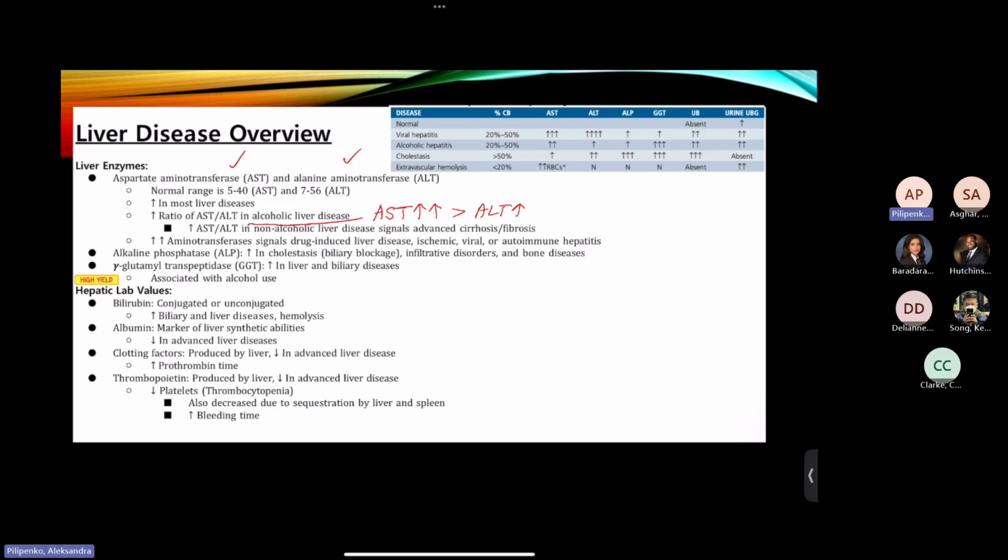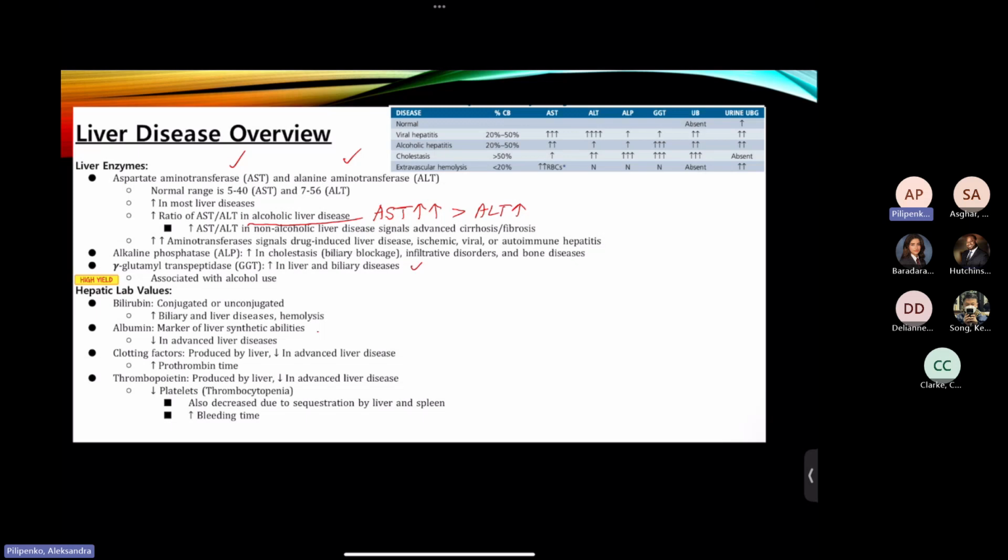They both will be elevated, but just the degree of it. What else? Okay, you will have to know GGT elevated in the biliary diseases, right? If we talk about a low albumin, it's like advanced liver diseases, right? The liver is not able to produce any proteins.